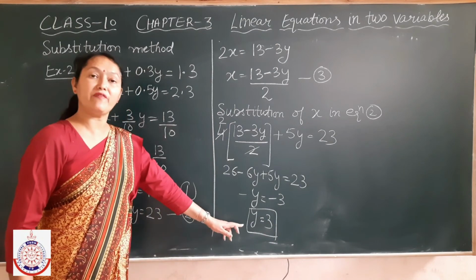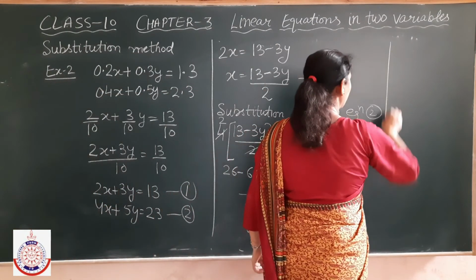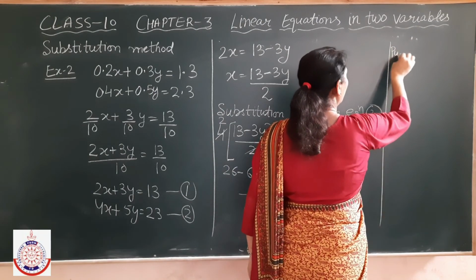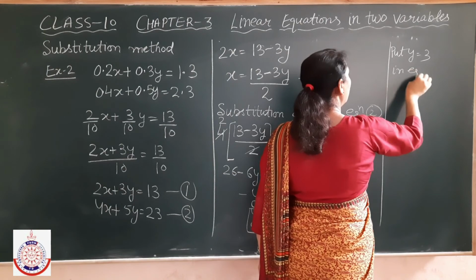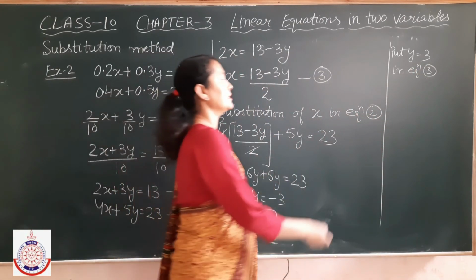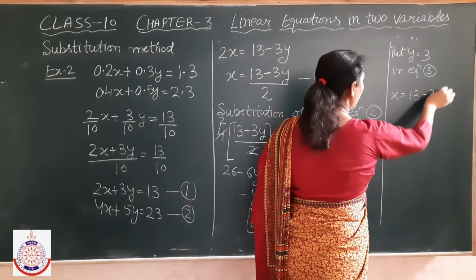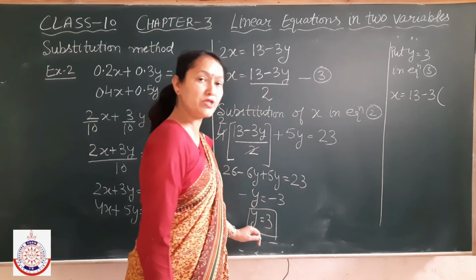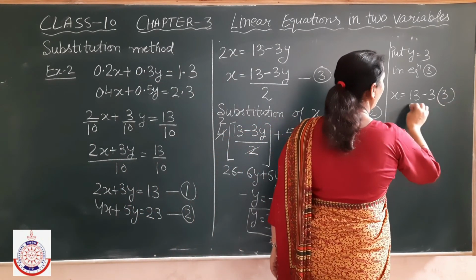Now this value of y we put in equation number 3. Put y equals 3 in equation number 3. We get x equals 13 minus 3, and in place of y we substitute 3, upon 2.